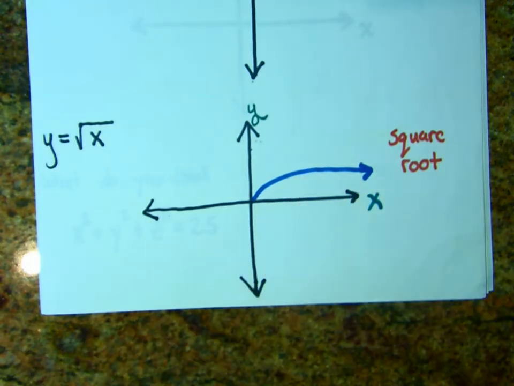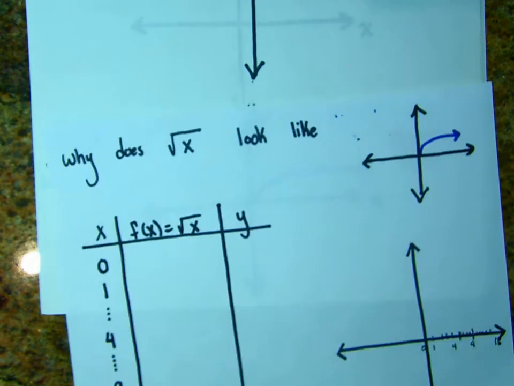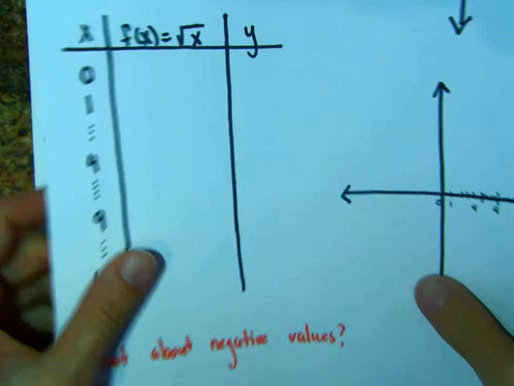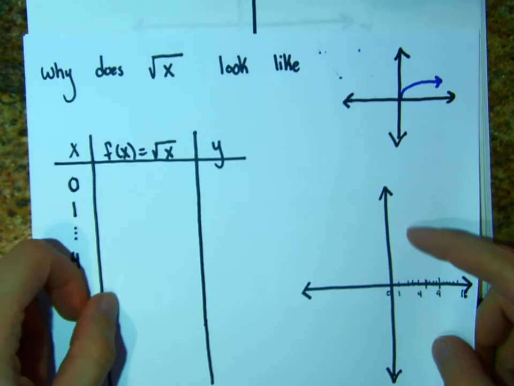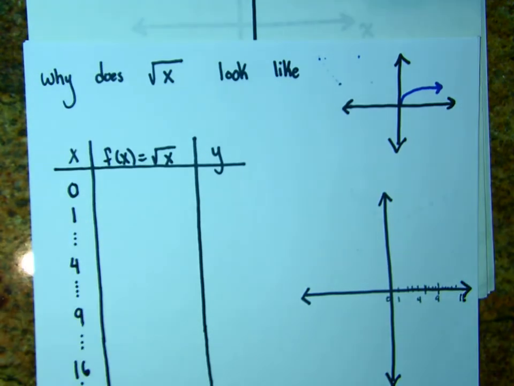So let's examine the function real quick. Again, why does square root of x look like this? But in one sentence, we should write down, what does it mean to take the square root of a number?